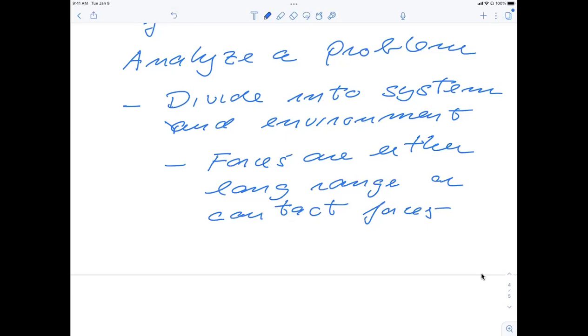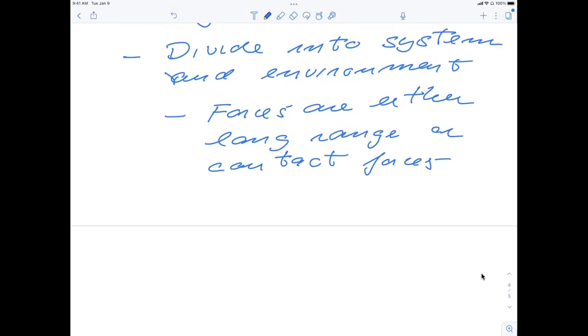Do you have an example of a long-range force, a force which acts over immense distances? Yeah, gravity. Gravity is one of these examples. That's an example of a long-range force. There's another thing we won't consider in this course here. We have only external forces.